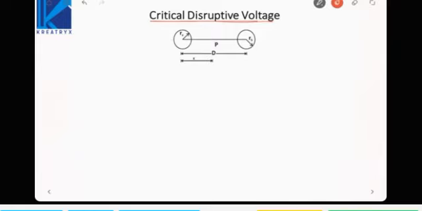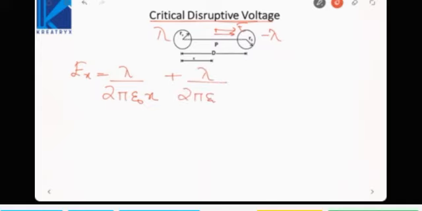If we want to find the electric field, suppose this has a charge lambda and this has minus lambda. The electric field due to this will be away from the charge, and due to the other will be towards the charge. So what is the electric field at a distance x? Due to lambda, it will be lambda by 2 pi epsilon naught x, and due to minus lambda, it will be lambda by 2 pi epsilon naught (d minus x).